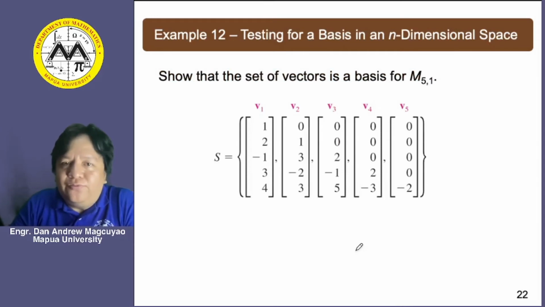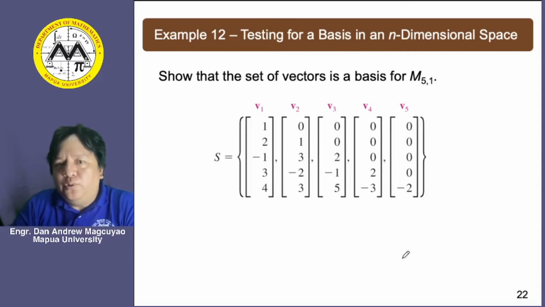Show that the set of vectors is a basis for M5,1. So 5 rows, 1 column. So these are the 5 matrix vectors: first vector, second vector, third vector, fourth vector, and fifth vector.